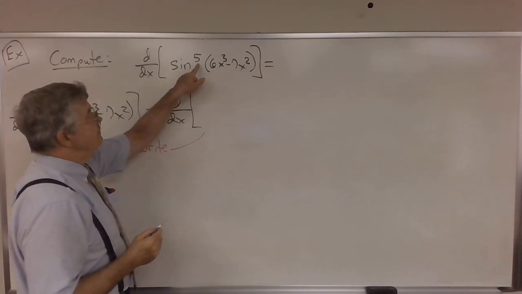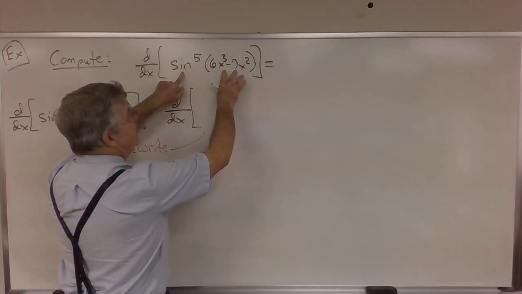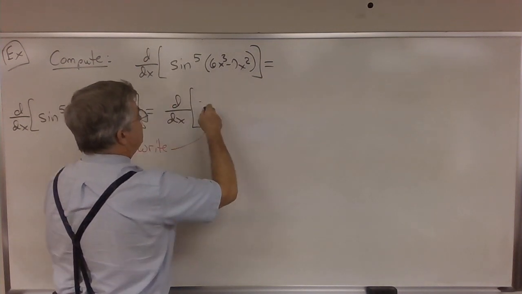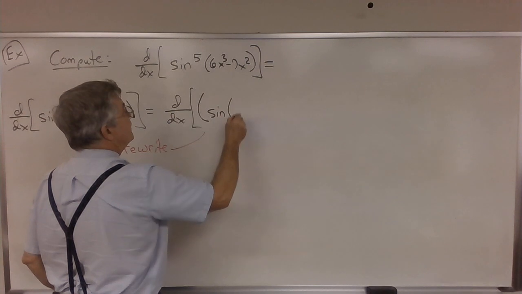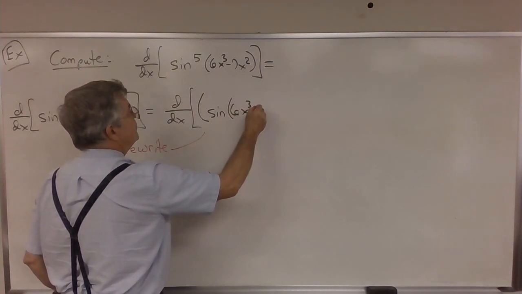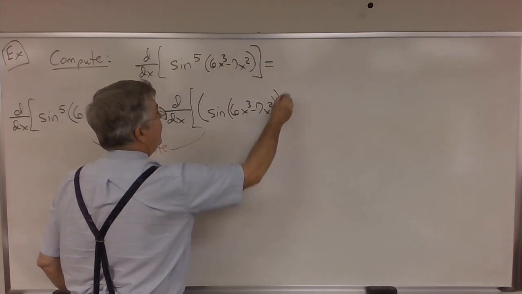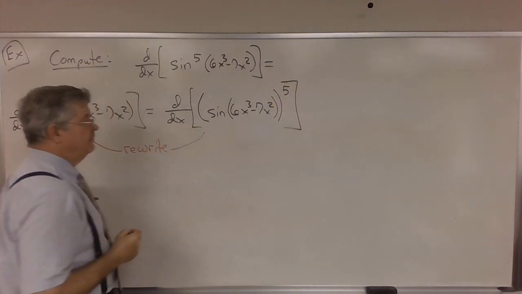Now this sine to the fifth means we take the sine of 6x cubed minus 7x squared, that whole function, and raise it to the fifth power. So I have sine of 6x cubed minus 7x squared, whole thing raised to the fifth power.